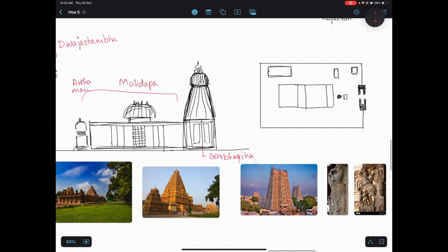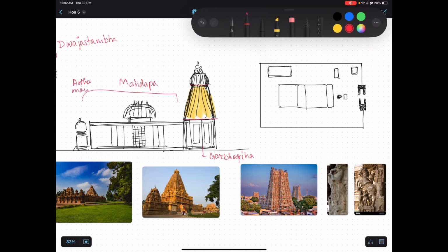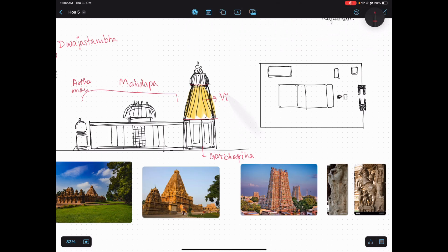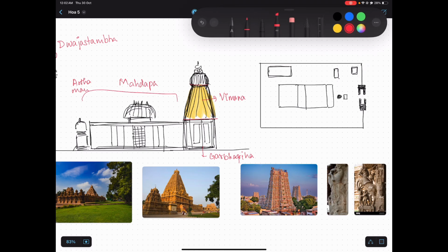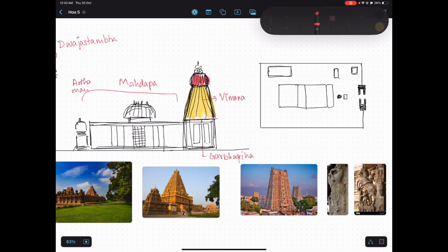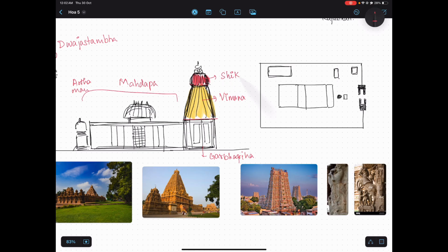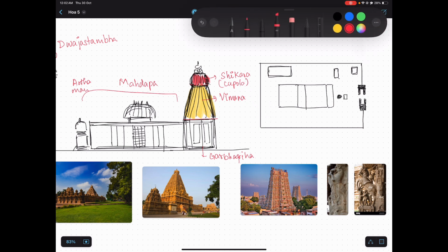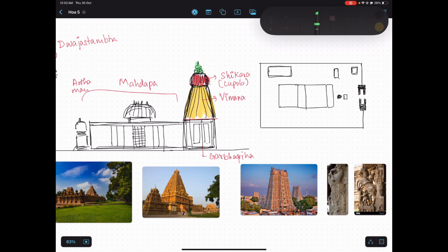The superstructure above it, especially this portion, is called Vimana. And above Vimana, this region is called Shikara or Kapola. And above Shikara, you have your Kalash.